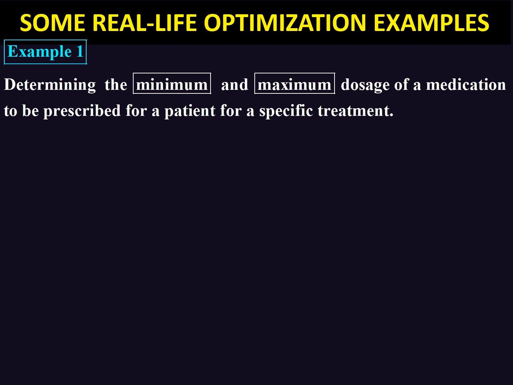Determine the minimum and maximum dosage of a medication. If you're a medical doctor, you want to prescribe some medication for that patient, it's important that if you prescribe too little, that medication might not have any effect. Or on the other side, if you prescribe too much, it can be detrimental to the health of that patient.